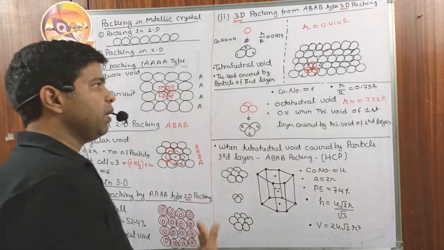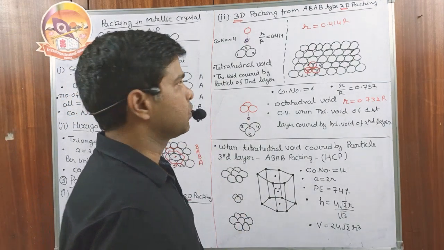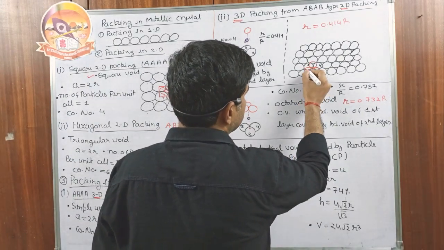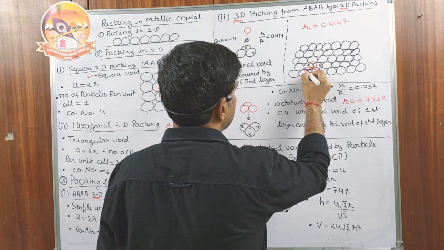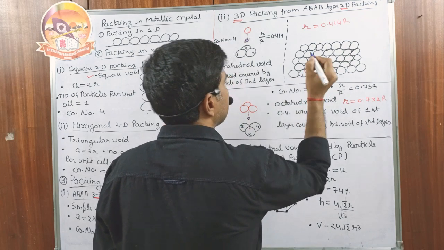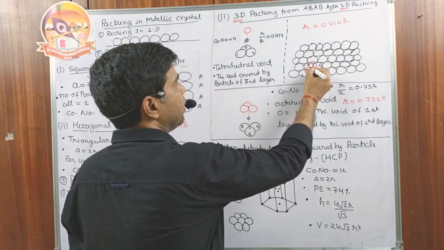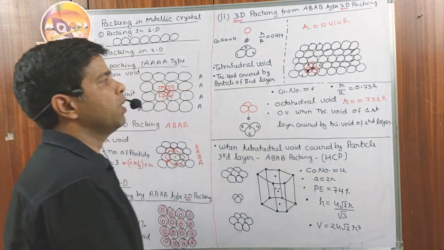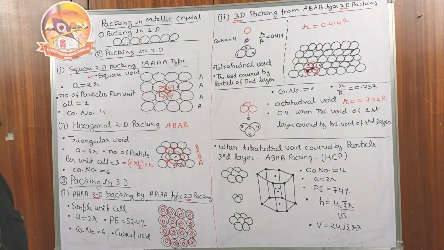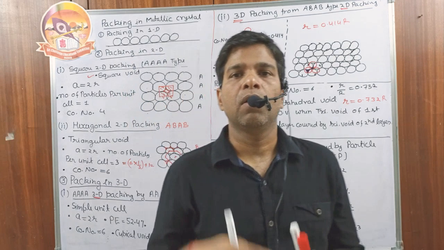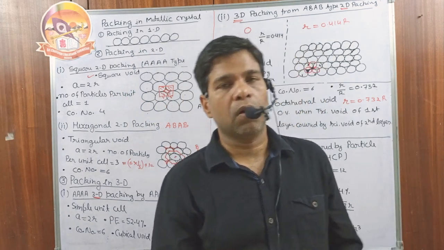Now we have to place the particle of the third layer. Look, this is the tetrahedral void, this is the tetrahedral void, but this one is the octahedral void. So now if I want to place the particle of the third layer, I have the option: either I can place it on the tetrahedral void or on the octahedral void.